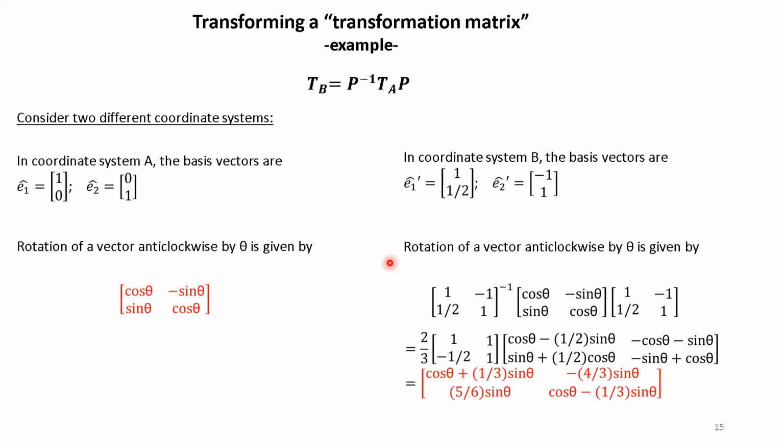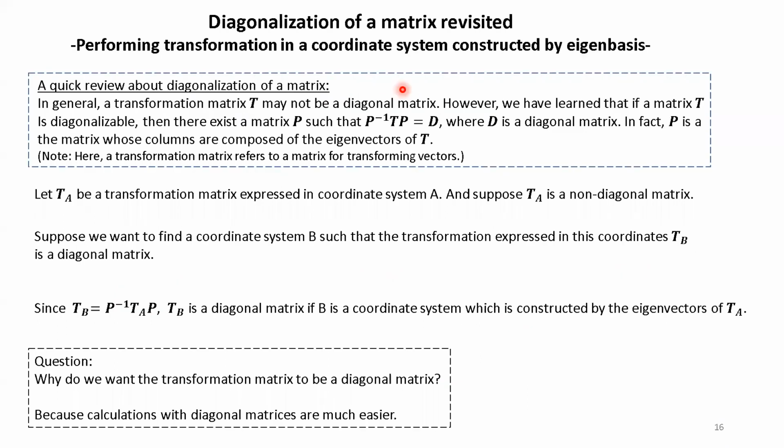Now, when you see this P inverse TA P, it might remind you of the formula for diagonalizing a matrix, as I showed you earlier today. So now let's talk about diagonalization again.